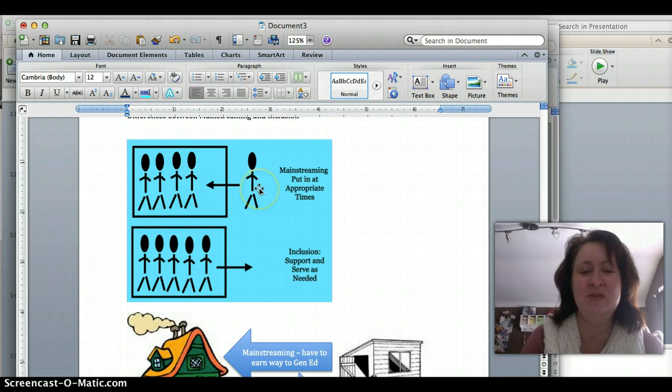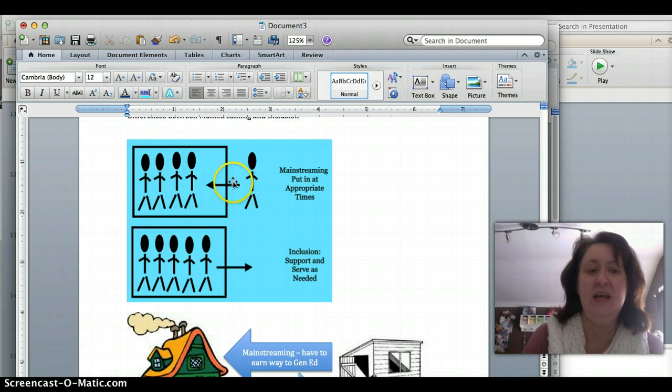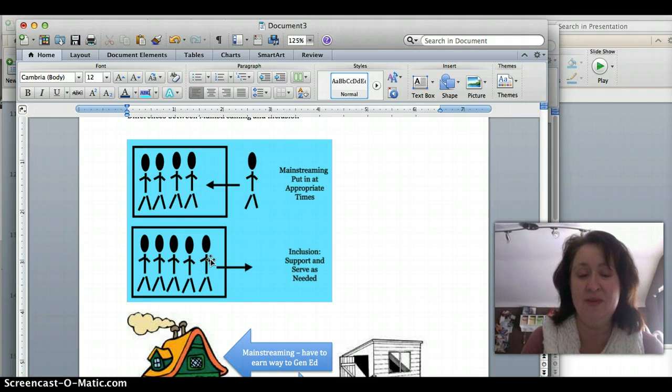Mainstreaming means that a student with a disability occasionally gets to spend time in a gen ed classroom. The inclusion model is the exact opposite of mainstreaming, where the student with a disability is outside the classroom and is allowed in sometimes. And note the words allowed in. That's the key phrase there.